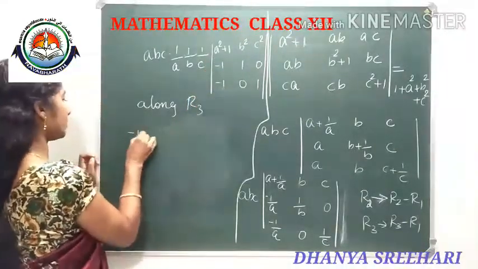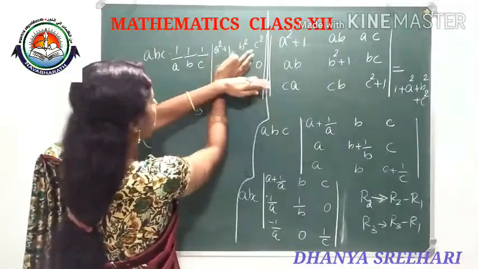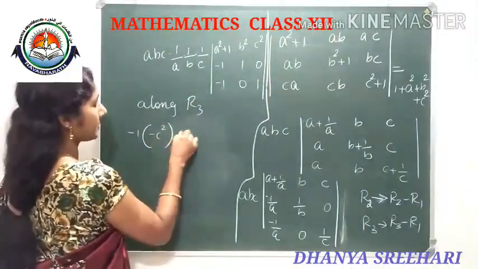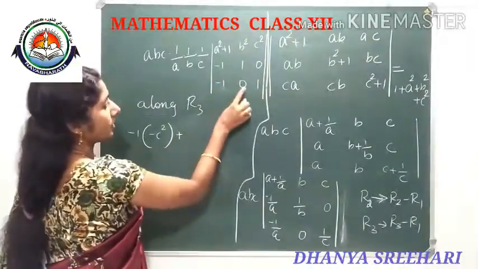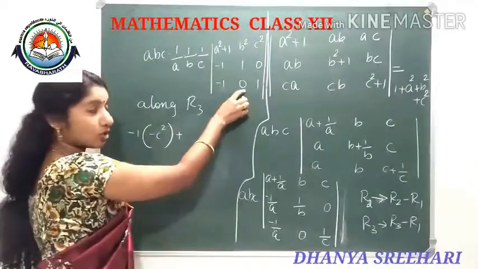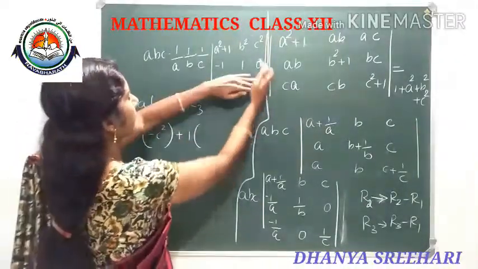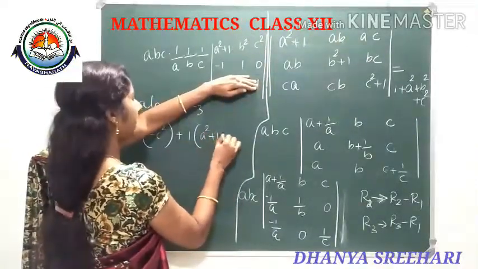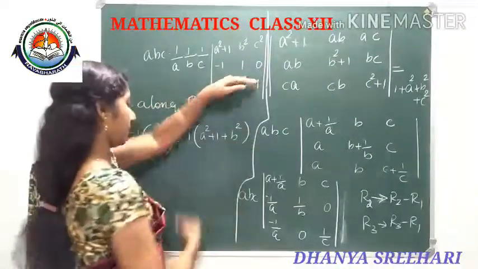So minus 1 into 0 minus C square, plus this into value we wrote, then minus 0 into 0 will come, then this is plus 1 into A square plus 1 into 1, A square plus 1 minus B square, that means plus B square.